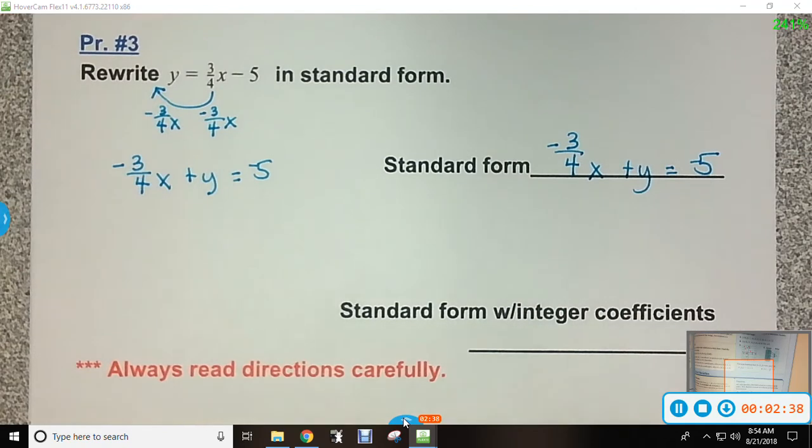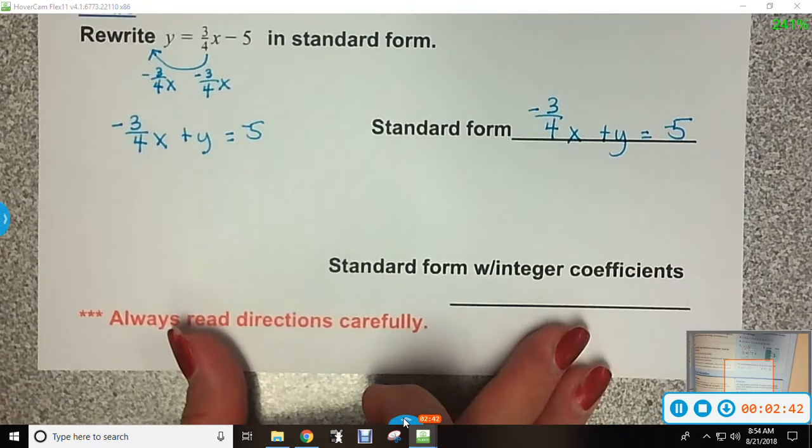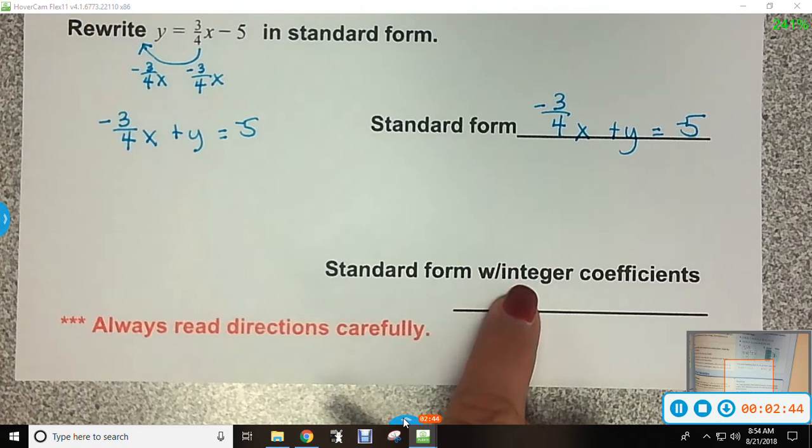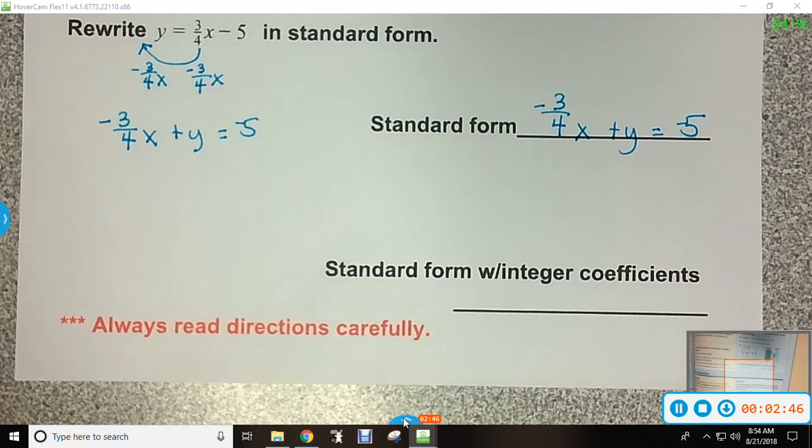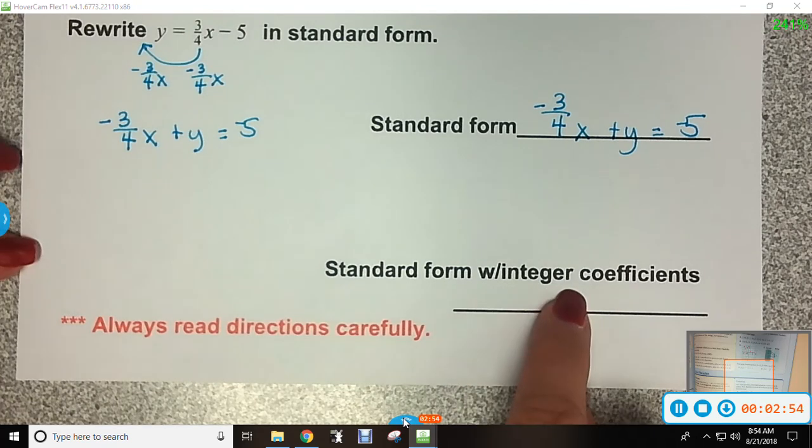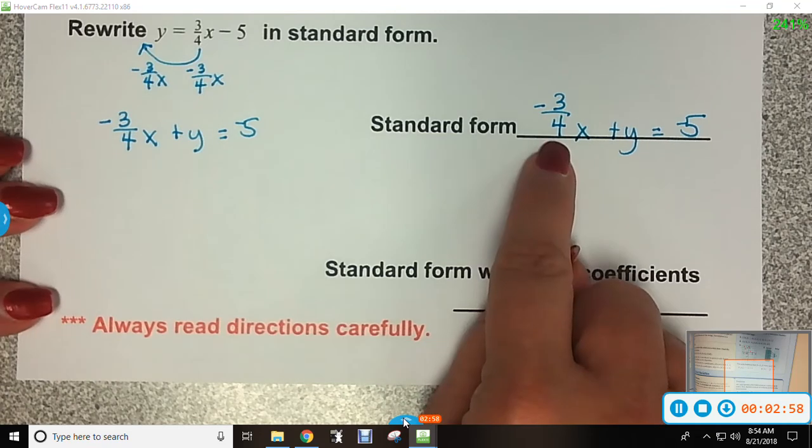But sometimes they will give you directions that says they want it in standard form with integer coefficients. And remember, integer coefficients means positive and negative whole numbers. So this means no fractions, no decimals. So what I've got to do is then take this and get rid of my fractions.